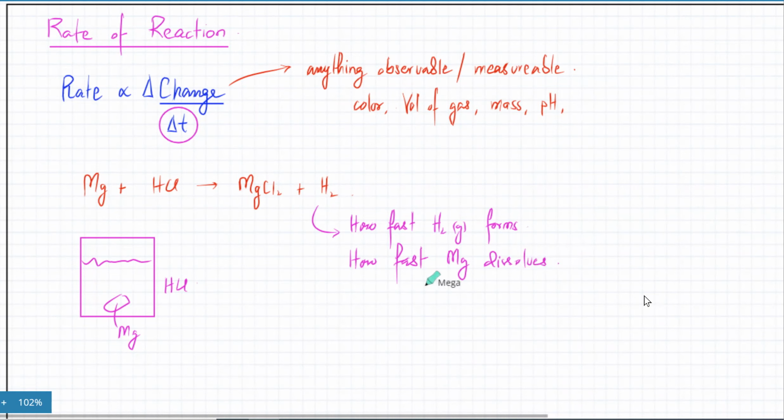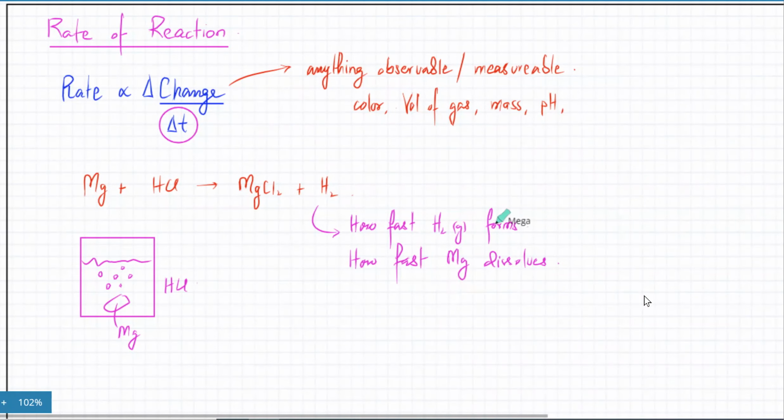And you can measure the bubbles of gas that are forming. Maybe you can take pictures every 1 second and count how quickly the bubbles of gas are forming.